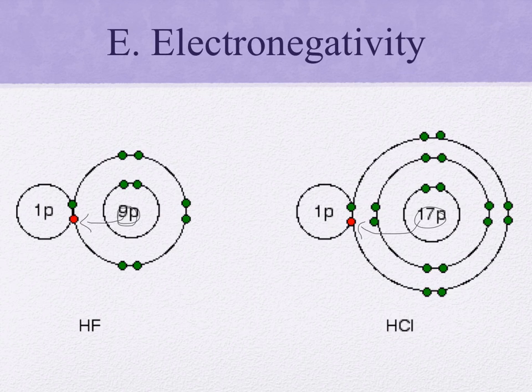The second atom here, this hydrogen, can get closer to the nucleus of a small atom, fluorine, than it can to chlorine. There's a larger distance here, so there's a weaker attraction to that nucleus, because that nucleus is what makes the bond, that attraction to the nucleus, valence electrons to nucleus. So my smaller atoms are going to have a tighter attraction, stronger bonds, higher electronegativities than the larger atoms.